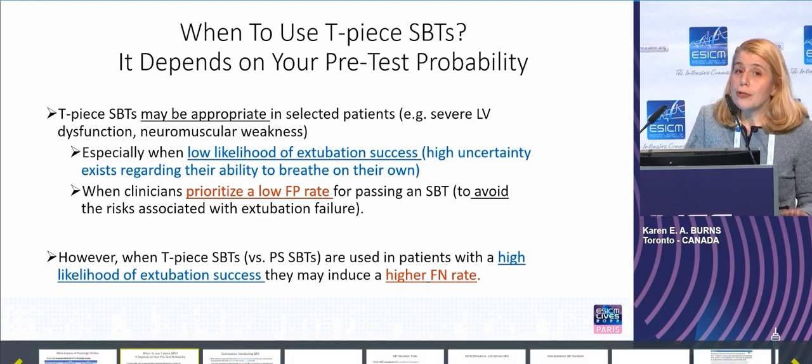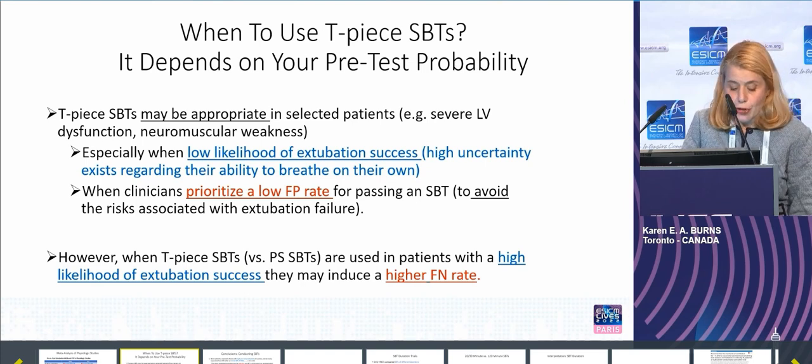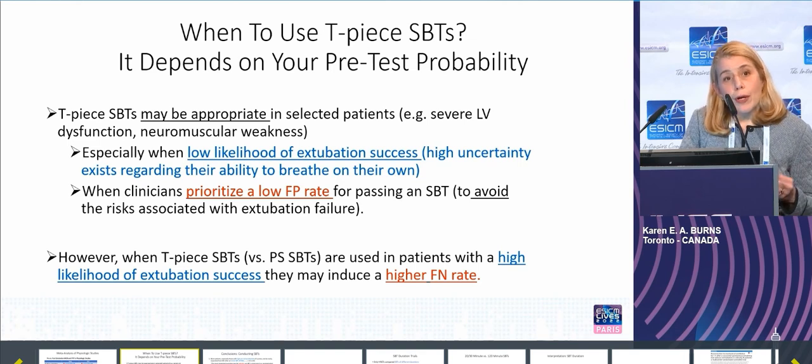And this is just my interpretation of the literature: when you think patients have a low likelihood of extubation success, so there's considerable or high uncertainty regarding their ability to breathe on their own, that's when you want to prioritize a low false positive rate. And to me, that's the time that I want to do a T-piece SBT.